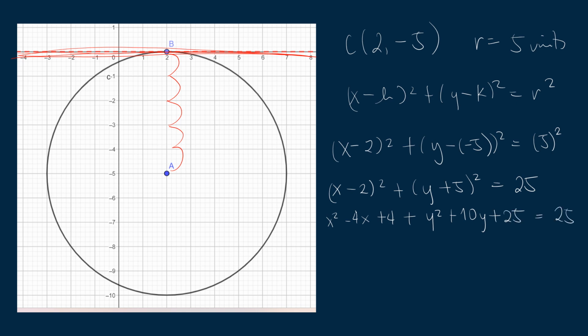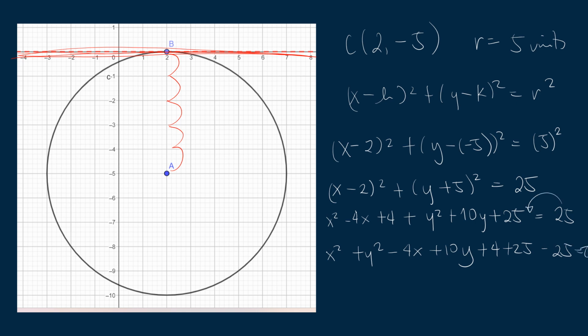Move your constant term to the left side and arrange all the terms together, writing the highest exponent first, going downwards and starting with variable x. x² + y² - 4x + 10y, plus 4 plus 25 minus 25 is equal to 0.